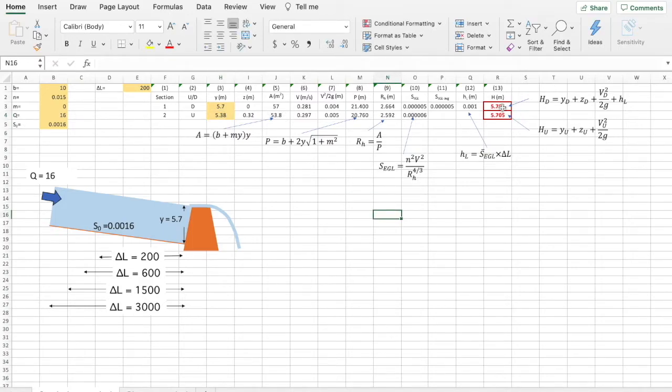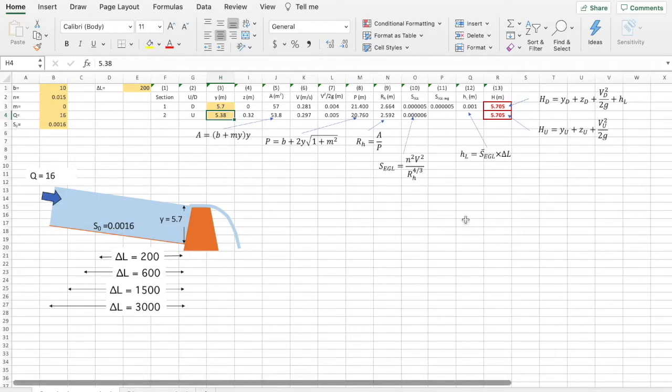So now we can see these two red cells, the total energy head at the downstream is the same as the total energy head at the upstream. So when delta L equals 200 meters, the water depth is 5.38.